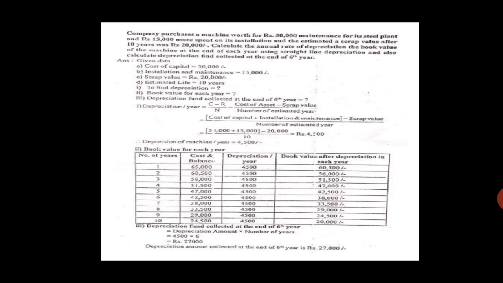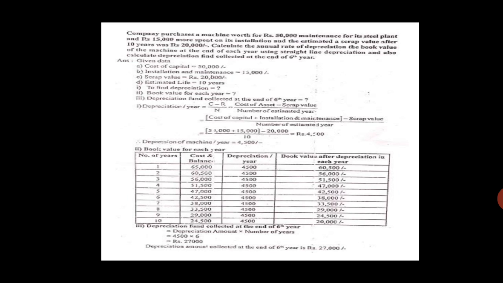So in this straight line method, the depreciation is straight, constant throughout the life of the equipment. Here it is for 10 years. So it is constant for 10 years. Every year for the 10 years life of the machine. So then what is the depreciation fund after the 6th year, he is telling.